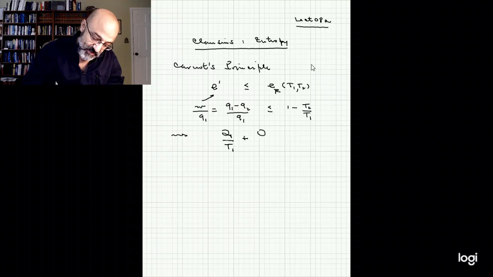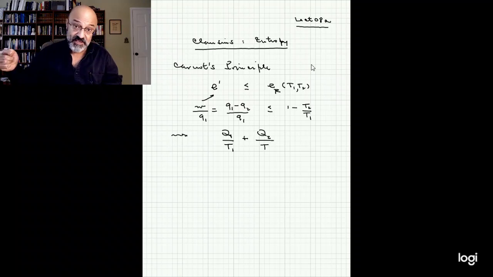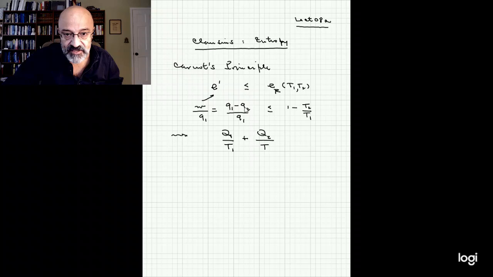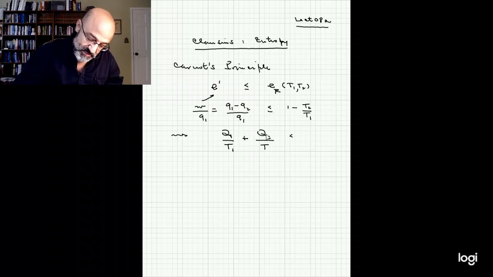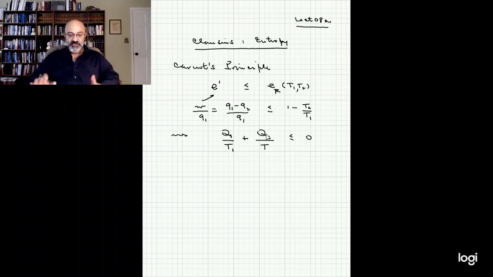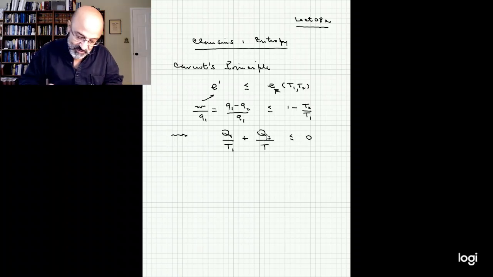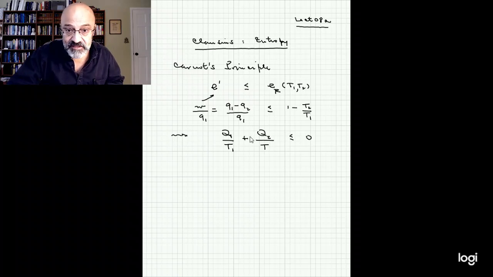The amount of heat input at temperature T1 plus the amount of heat input Q2, capital Q2 is minus lowercase q2. This has to be less than 0. So let us focus on what's going on with this engine when we have an equality sign.